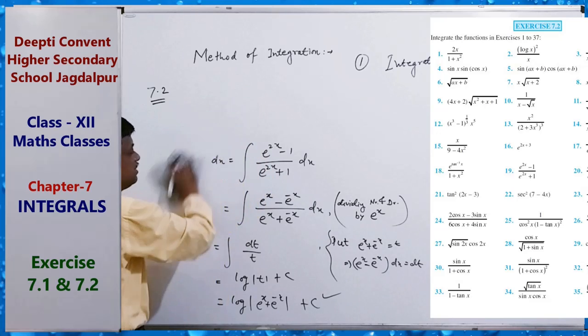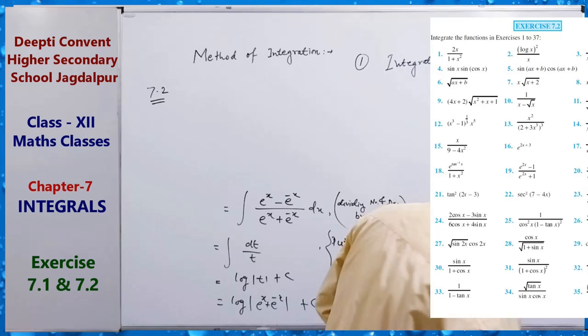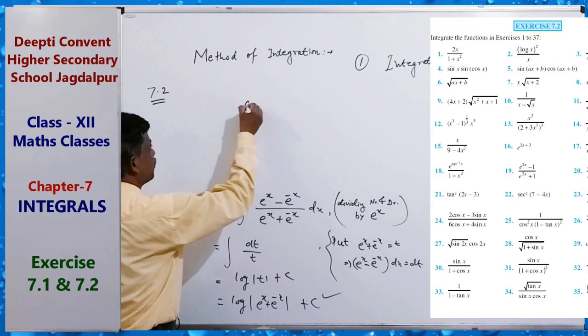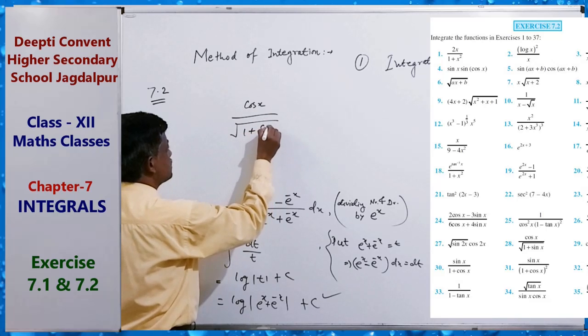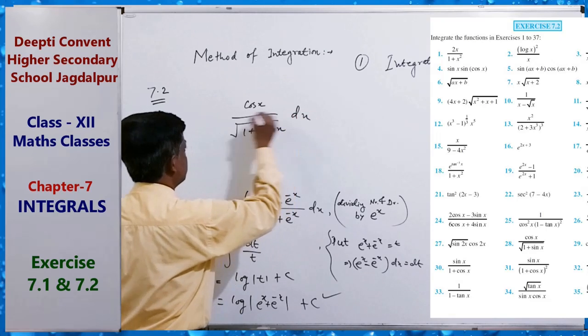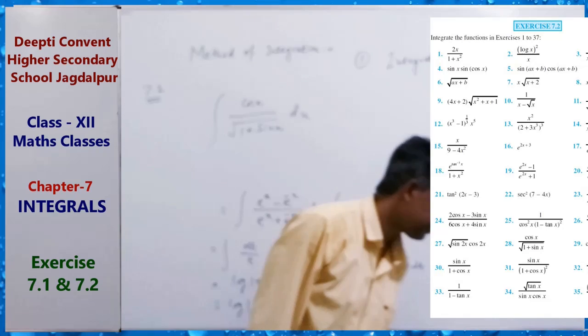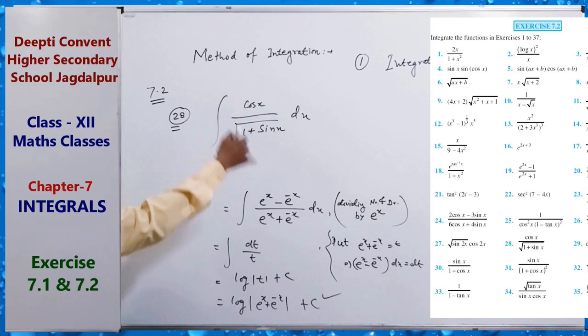Now taking the question: cos x upon root of 1 plus sin x. I think you can guess it. Question 28.